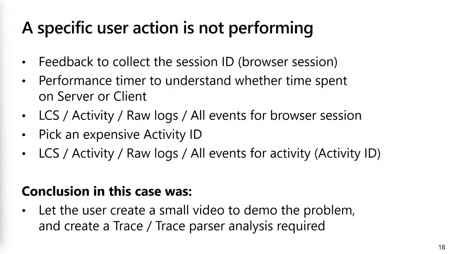So the conclusion in this case was we did not find enough details in the telemetry yet, let the user create a small video to demo the problem and create a trace and analyze this by using the trace parser, which is the required next activity to get into the details.